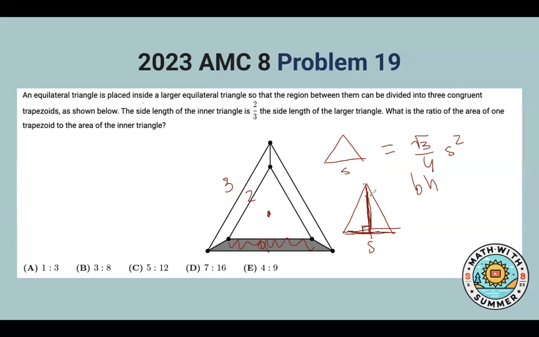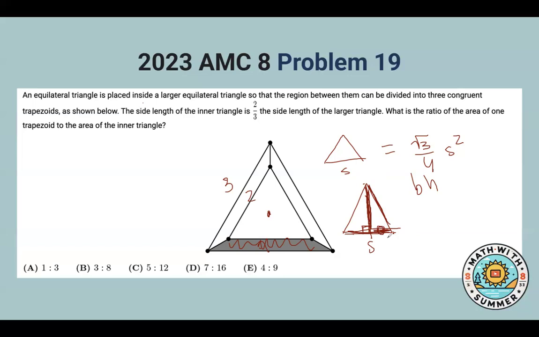And we know that this forms a 30-60-90 triangle, which has this special property where the length of the hypotenuse is twice the length of this side, and this height here is √3 times the length of this side here. This is basic knowledge that you should know before you do any competition geometry problem.